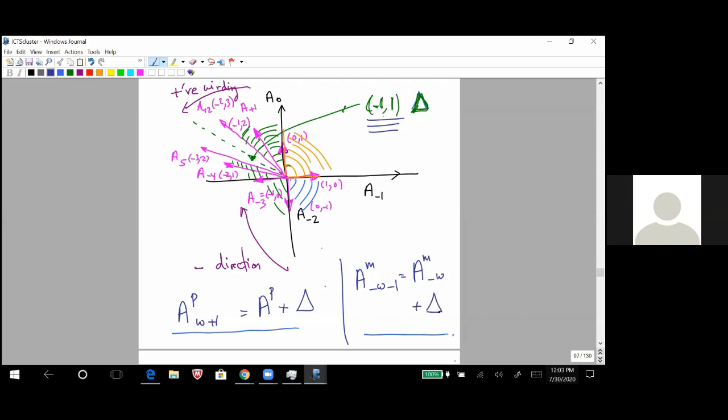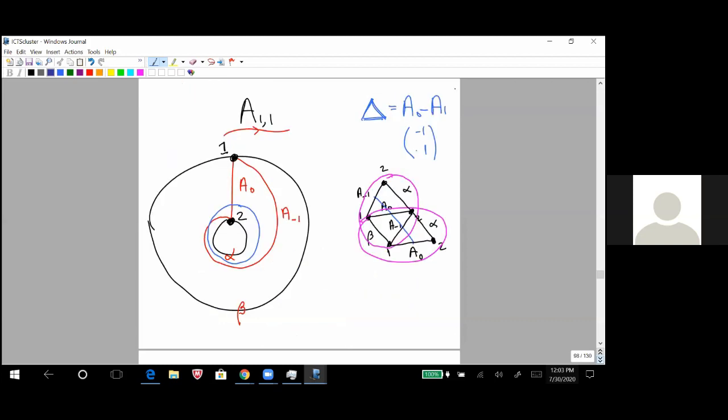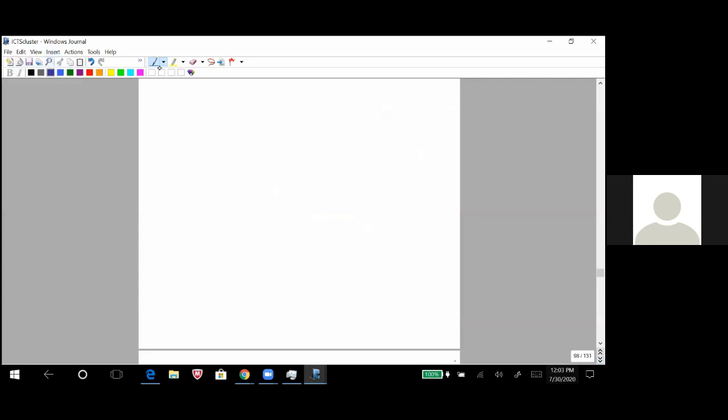Now, let me give you yet another way of understanding why this is true. So let's go back and draw this picture. Let's say I draw this variable a0, here's a0, and here's delta.